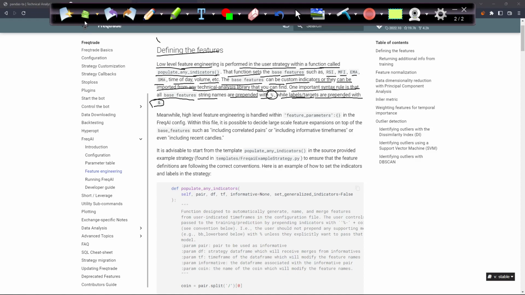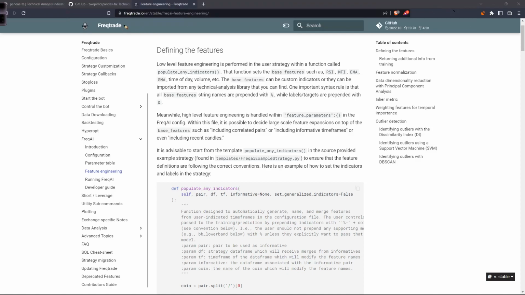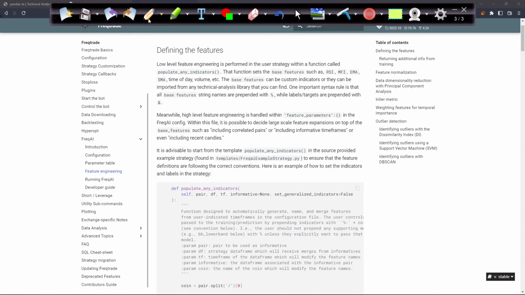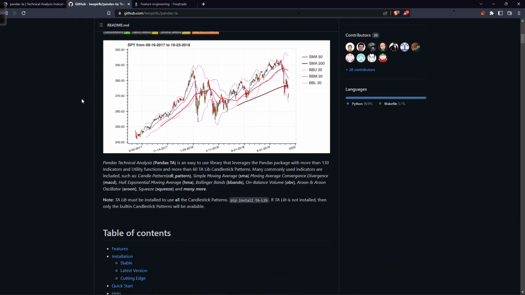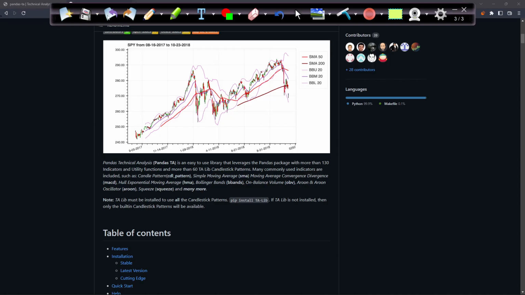So let's shift our focus to Pandas TA. What is Pandas TA? Let's go to the GitHub page here and see. Pandas technical analysis.